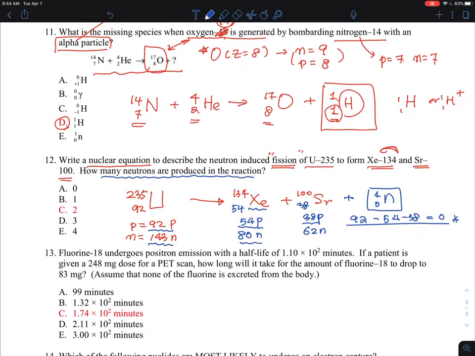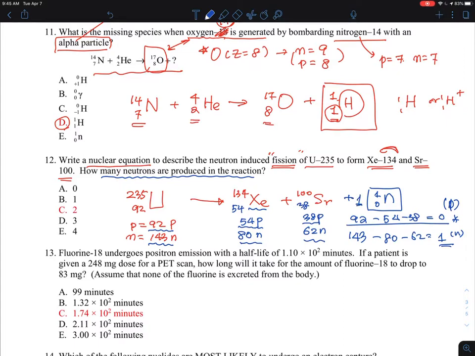This is before and this is after. So I would like to do it this way. 133 is what you have before, and you have lost into the xenon form, and this is the neutron 62. If you do that, 1 neutron. So this is 1 neutron being lost. So there's only 1 neutron.